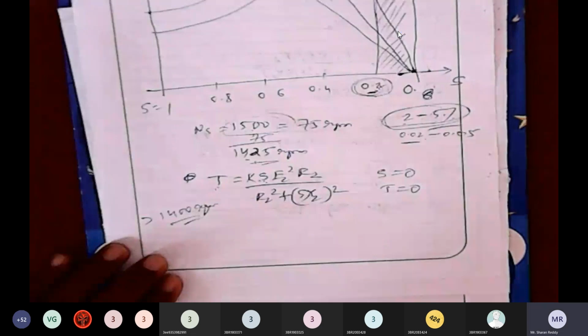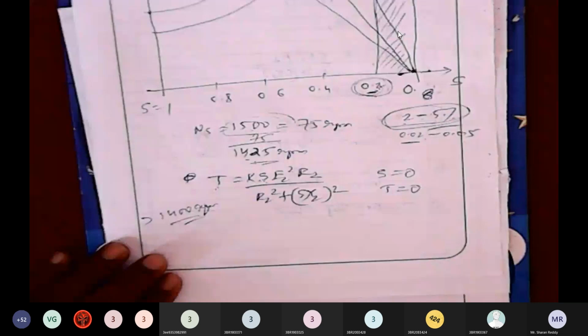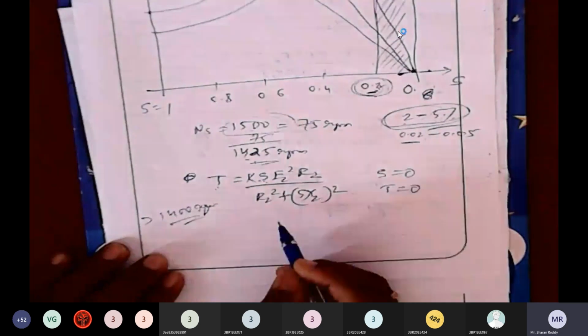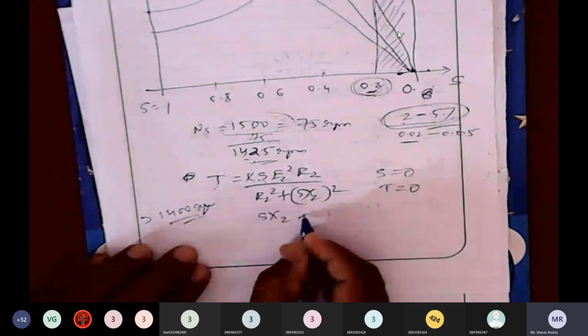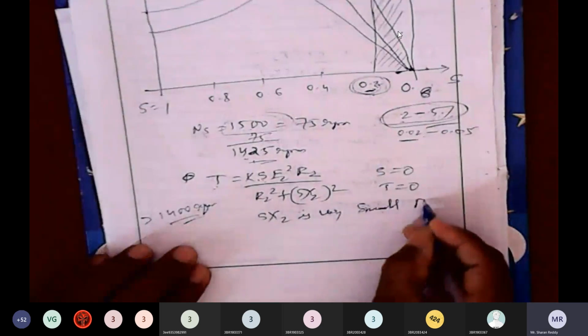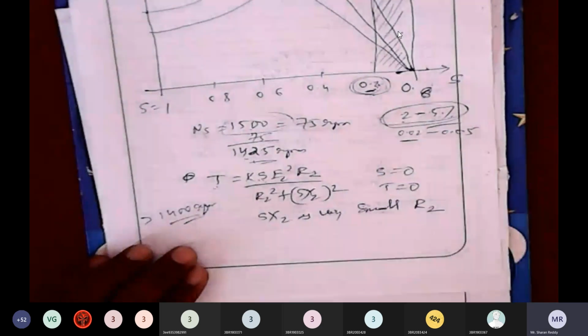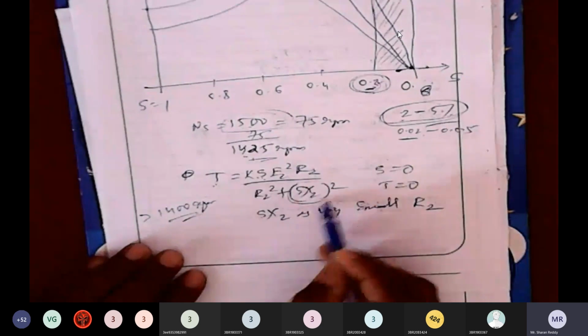When it is operating under normal operating condition, the term s X2 is very small compared to the R2 value. So that means this term we have to neglect.